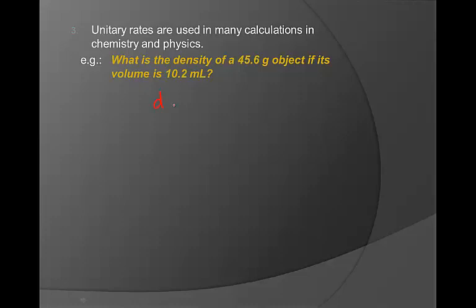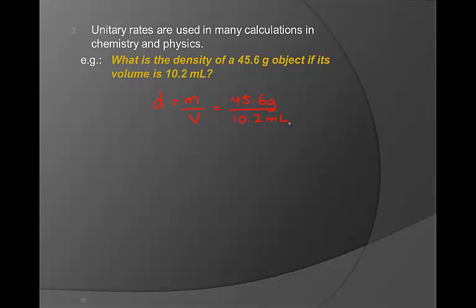So density, as we went over last day, is the mass per a given volume. In this case, our mass is 45.6 grams, and we're going to divide that by 10.2 milliliters.